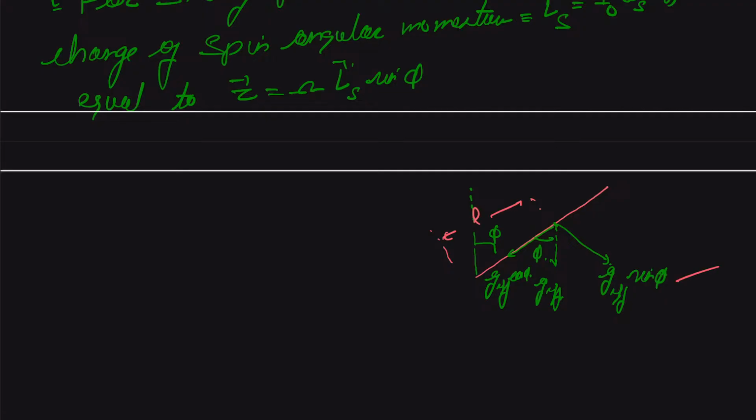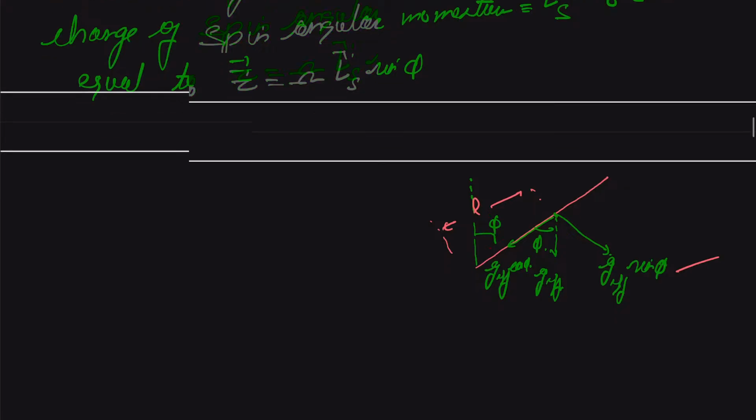So only this g effective sine of phi will be the part of g effective which will be contributing to the torque.